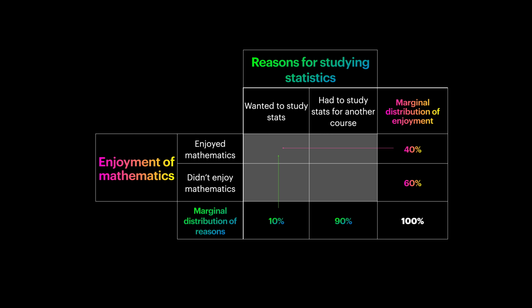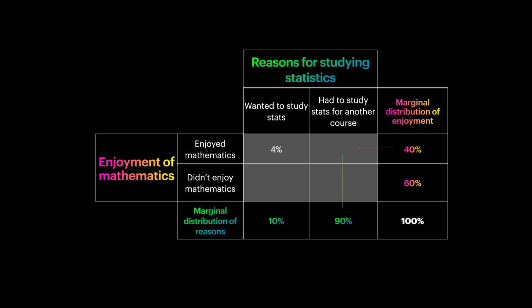We're saying that 10% of the 40% of students, or 40% of the 10% of students, either way you get 4% of all of the students both wanted to study statistics and enjoyed mathematics at school.